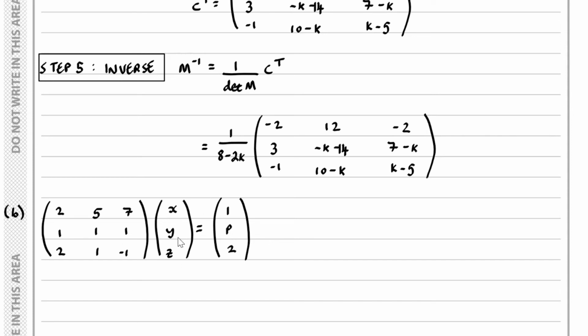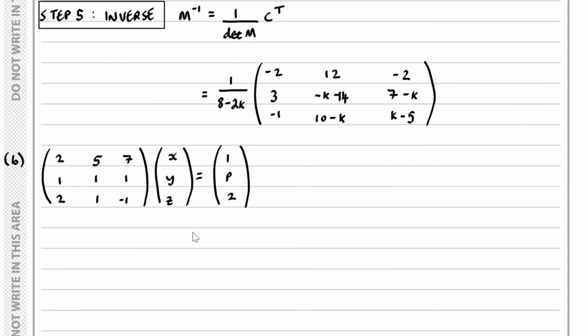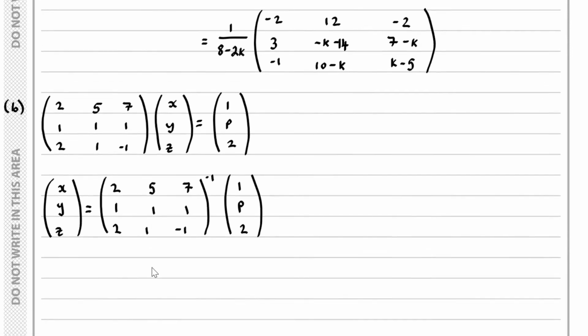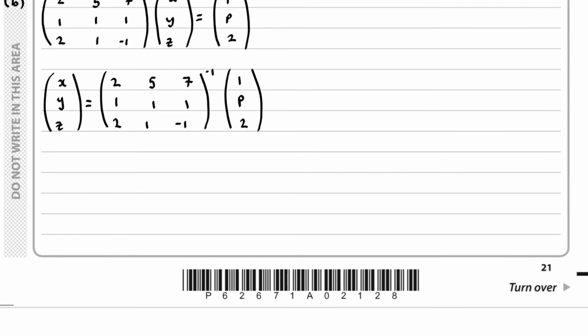So now we need to find out what x, y, z is. So x, y, z is equal to the inverse of this matrix 2, 5, 7, 1, 1, 1, 2, 1, minus 1, multiplied by 1, p, 2. So now for the inverse of that matrix, we can find this using our calculator.